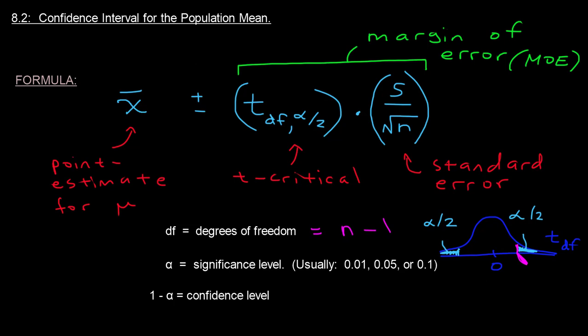Furthermore, recall the total area under these density curves is 1. So if we know the area in the tails, it's usually some small proportion, then we also know the area in that center. That would be the complement. And that's the confidence level. Because confidence and significance are complementary, if you know one, you know the other.